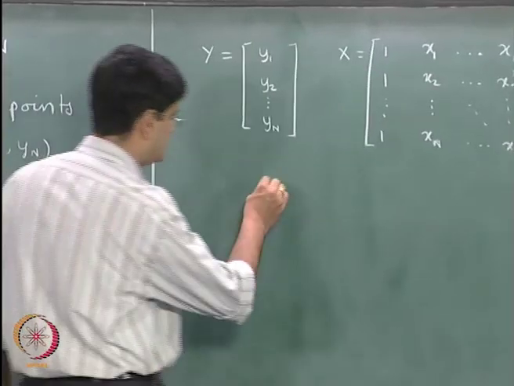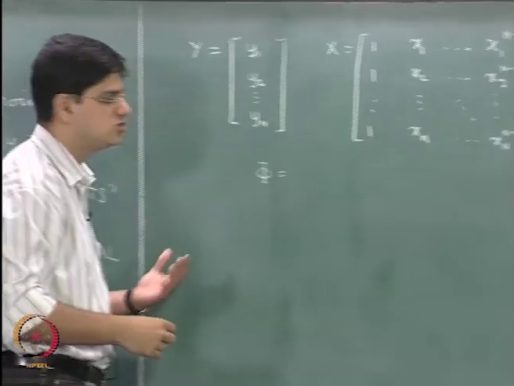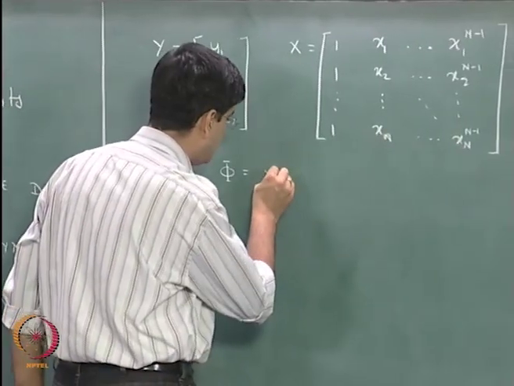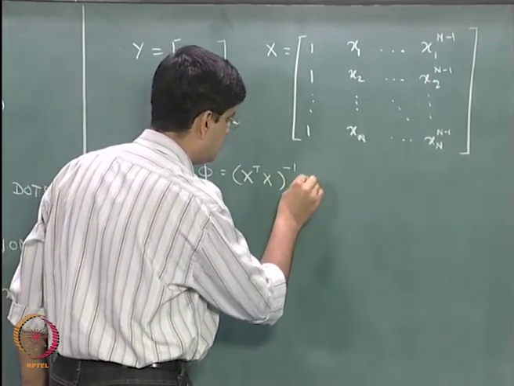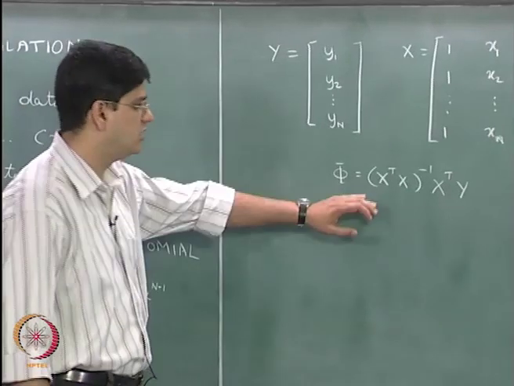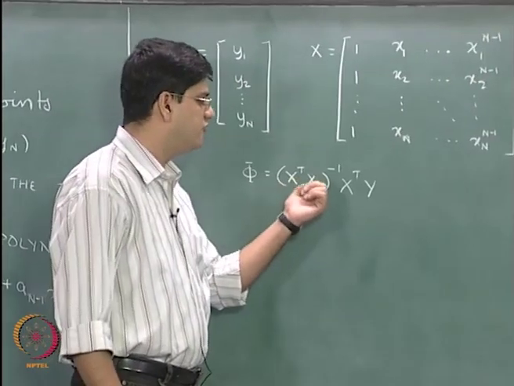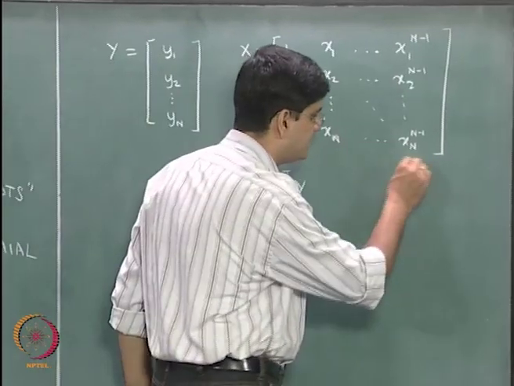As a result of this, our phi that we had written so far, we had written as X transpose X inverse X transpose Y. That is what we had written our phi as. Now this X is an n by n matrix.